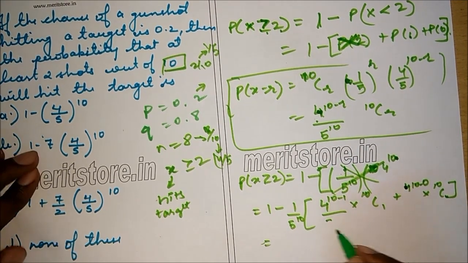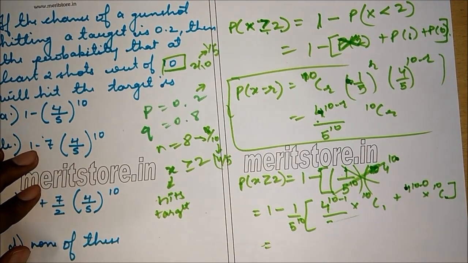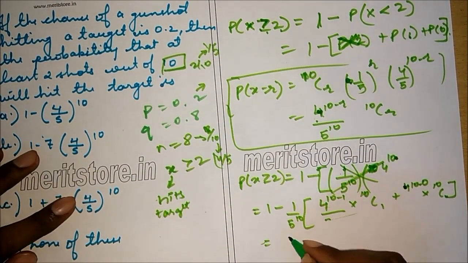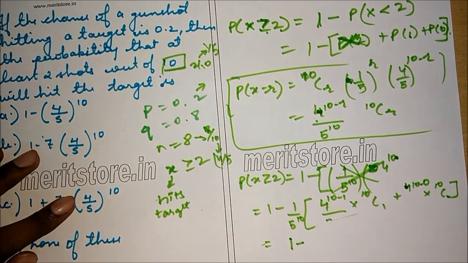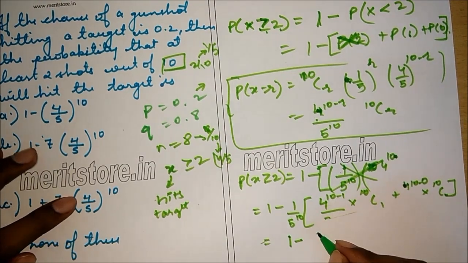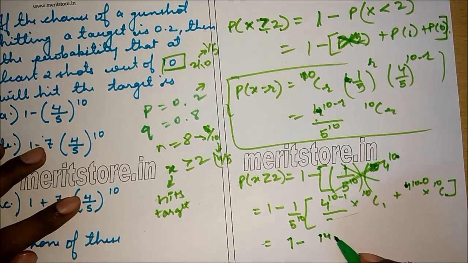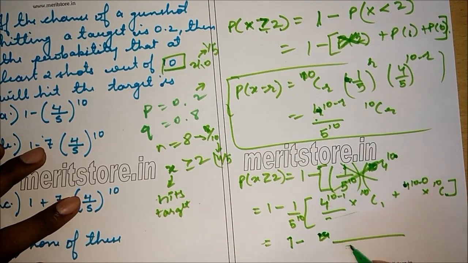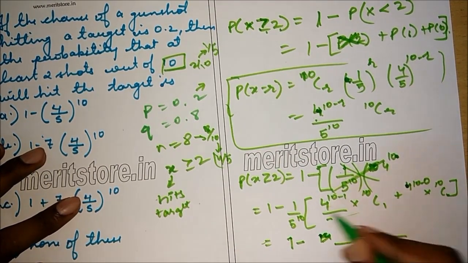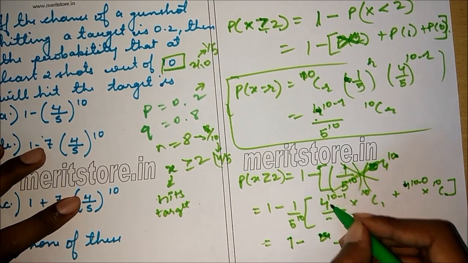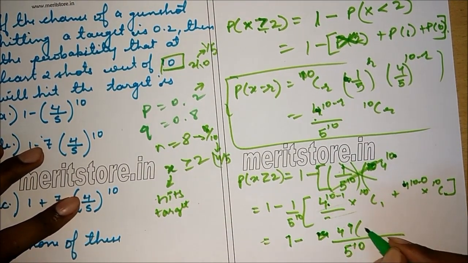So simplifying this expression, we'll be getting 1 minus, upon 5 raised to 10, we take 4 raised to 9 common. This is 4 raised to 9 into, so 4 plus 10.